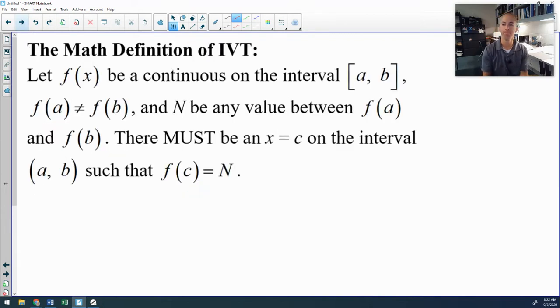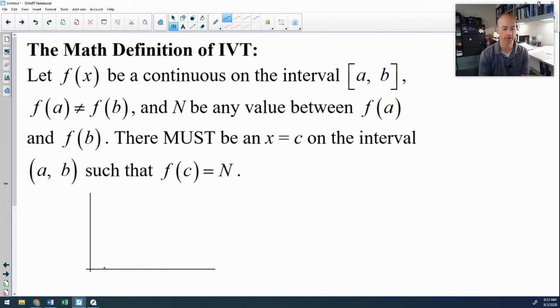So let's look at a mathy definition here. If f is continuous on the interval [a, b], and f(a) is not equal to f(b), and that's one of the things you have to remember: we must travel from one y-coordinate to a different y-coordinate.